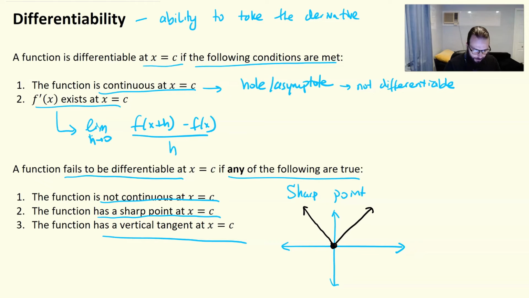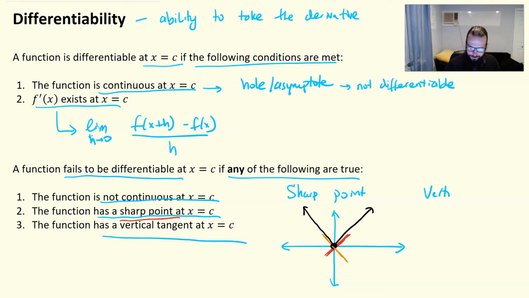So if we consider the origin here, consider that from the left side we have this slope, and from the right side we have this slope. So we don't have a consistent value for the tangent, the slope of the tangent line. As such, a sharp point is not a differentiable location.